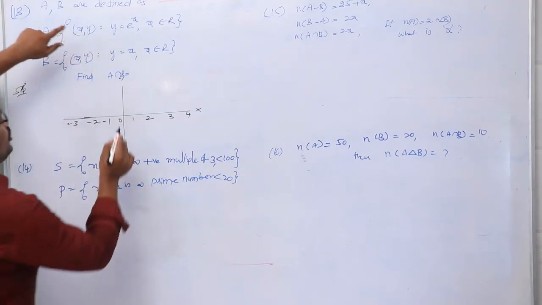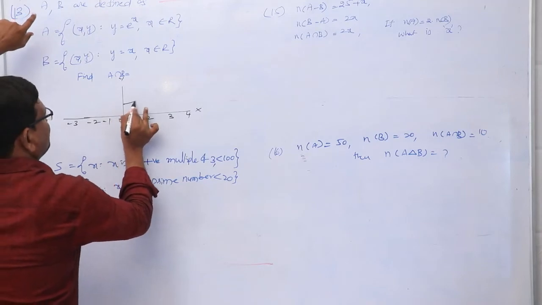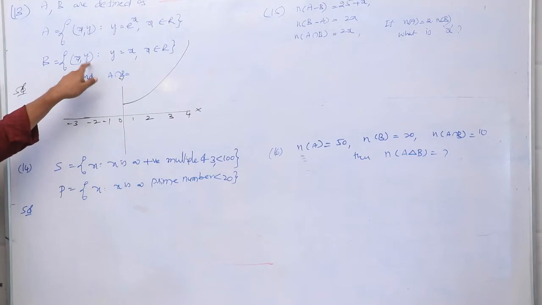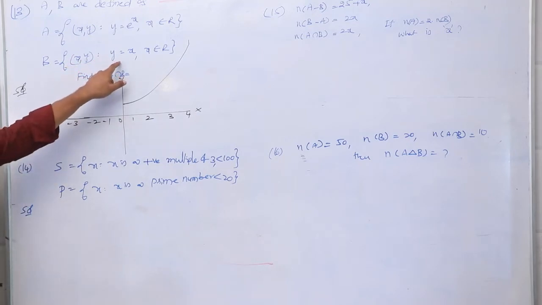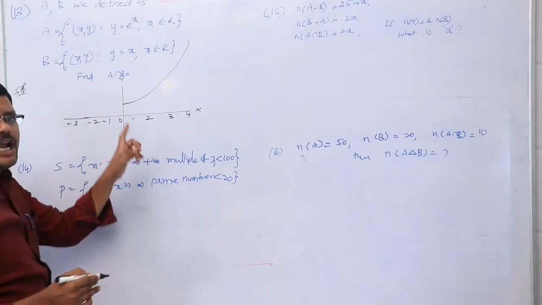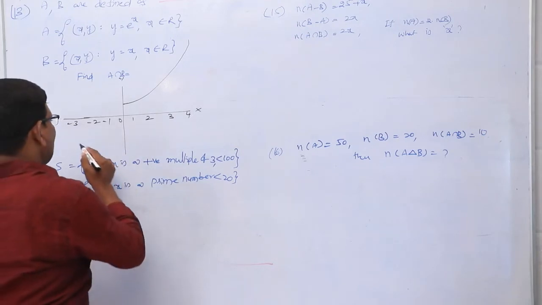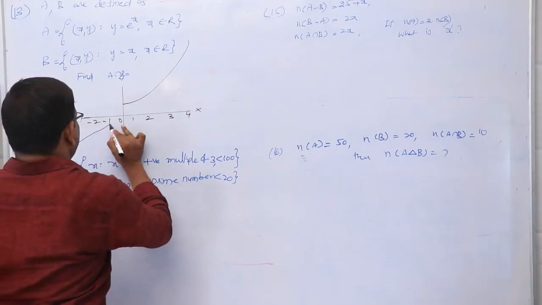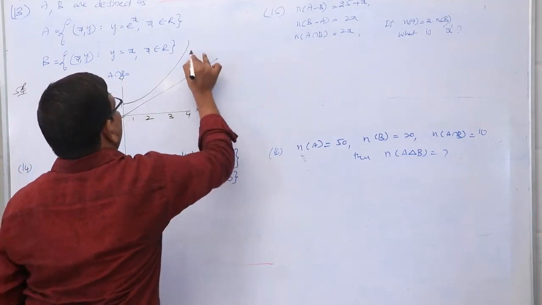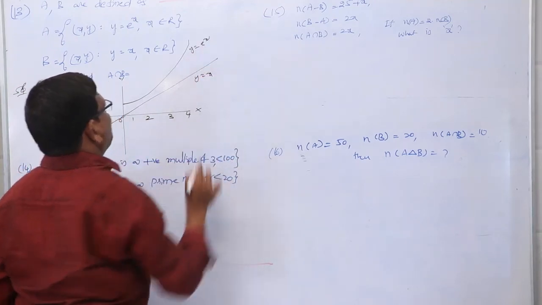And y equals e to the power of x, this is the graph. And the second one, y equals x, is a straight line passing through the origin, making an angle of 45 degrees with the x-axis. This is y equals x and y equals e to the power of x.